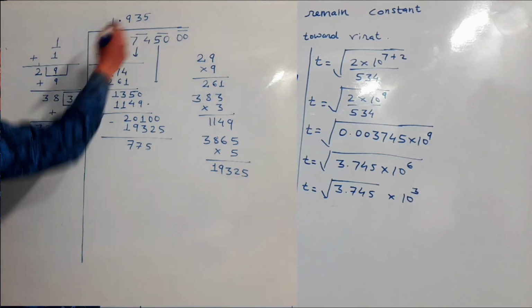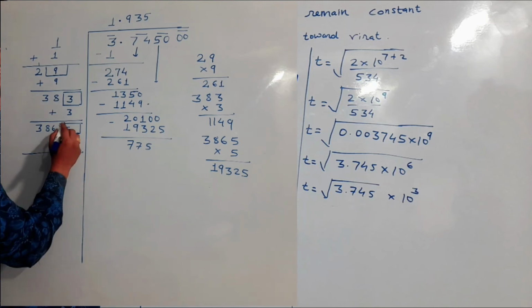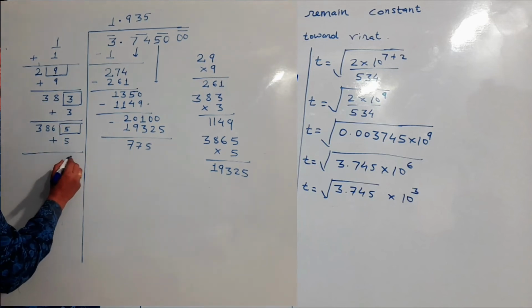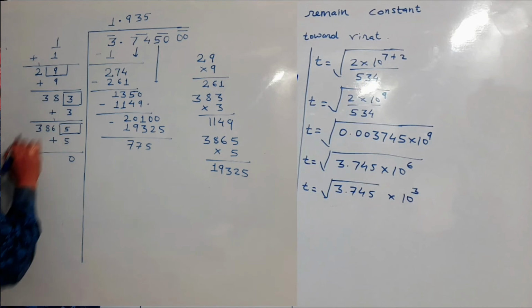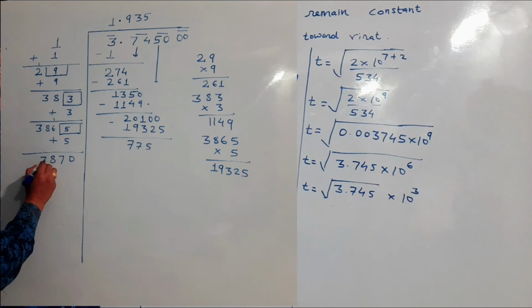We have multiplied by 5, so we will again add 5. So our number will be 5 plus 5, 10, 0, 1 carry, 6 plus 1, 7, 8, 3.